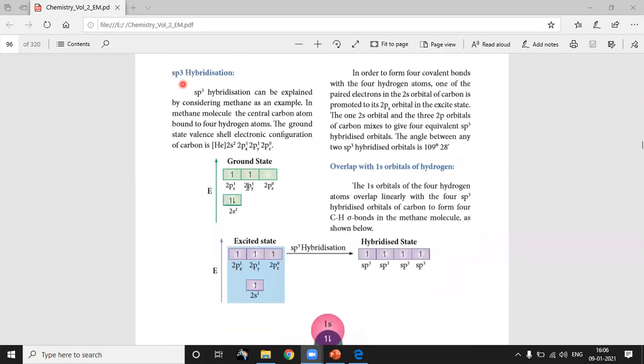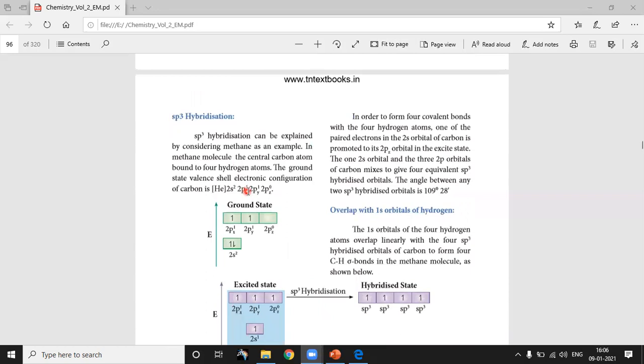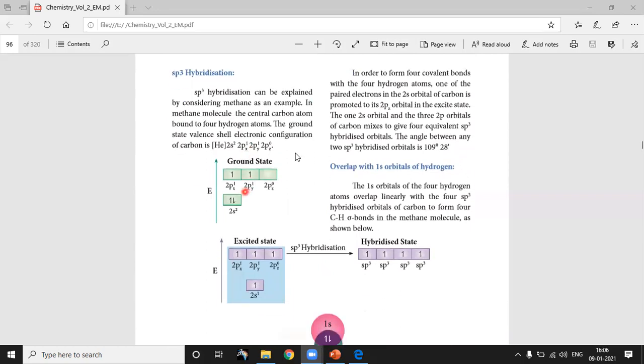Now comes sp3 hybridization. So here in sp3 hybridization we have taken the example of carbon. Okay, so here carbon, we all know, has the atomic number 6. So totally 1s2, 2s2, 2p2. Okay, so their electronic configuration will be written like this.